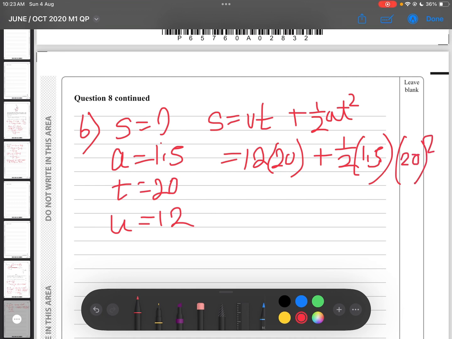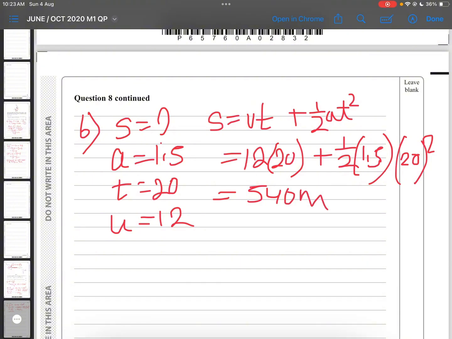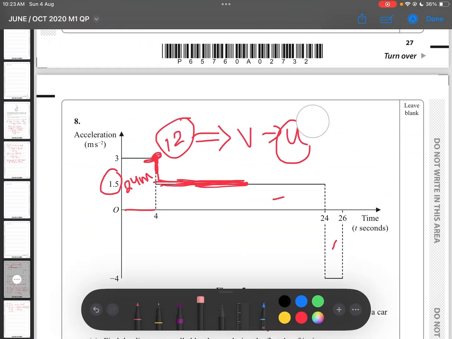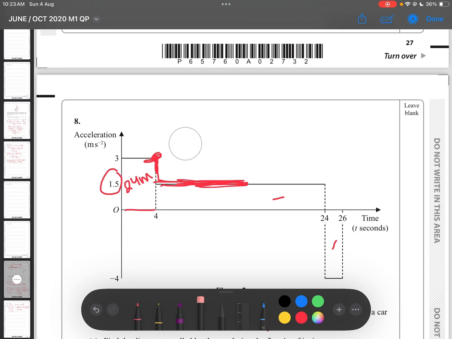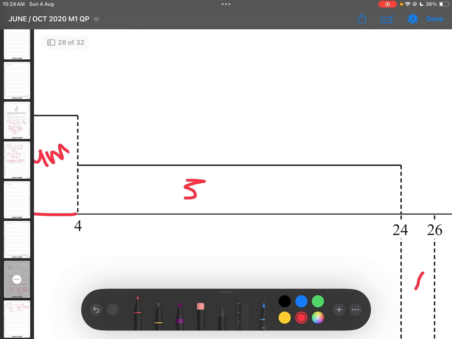If I simplify this, I get 540 meters. Now I'll erase this part. And this we found to be 540 meters.